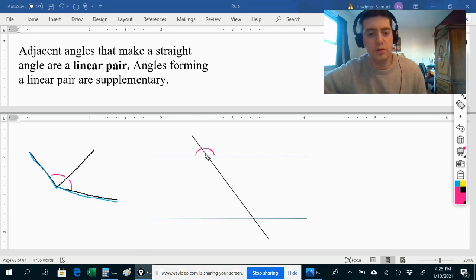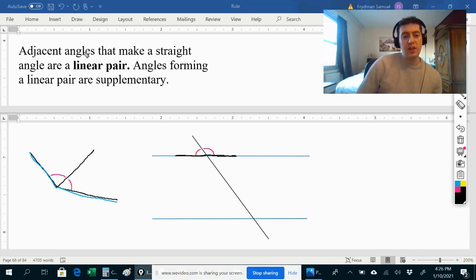And also, if I were to just draw over, let me do it in a different color maybe, if I just draw over this line, which is the outside of this angle, and I also draw over this line, which is the outside of this angle, then these two lines together do form a straight line, and therefore these two angles together make a straight angle, which is 180 degrees, okay?